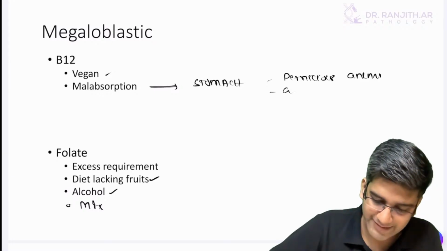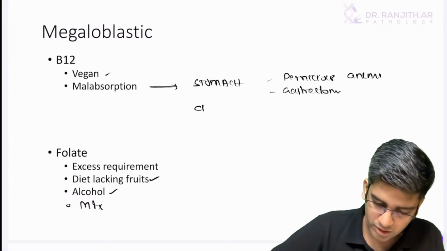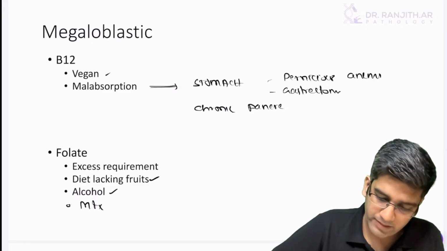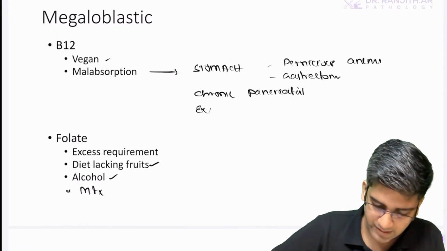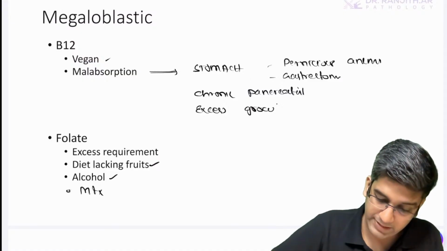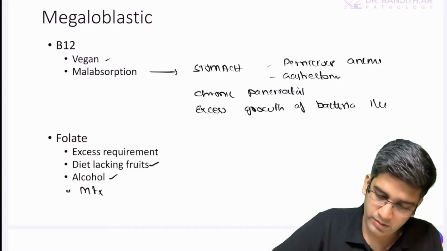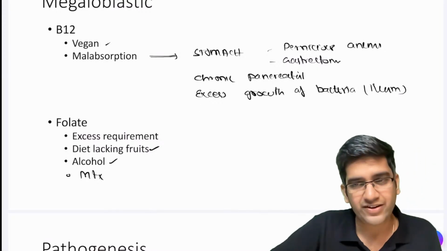You can have a gastrectomy done, or chronic pancreatitis, because if the pancreas is gone, my absorption of B12 also will be a problem. Or I have an excess growth of bacteria in the ileum, bacterial overgrowth syndrome in the ileum, okay, right? Or you can have an ileal resection.